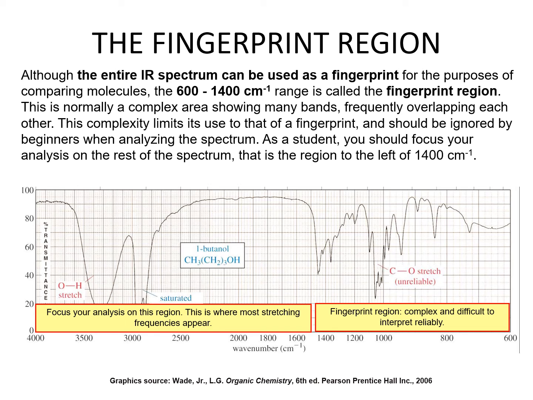So the IR absorption spectrum ranges from the fingerprint region to the normal region, and it entirely includes from 4000 to 600 centimeter inverse.